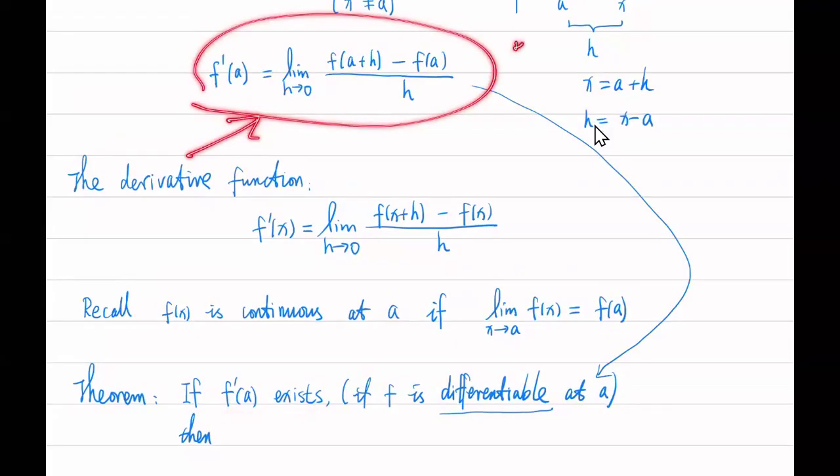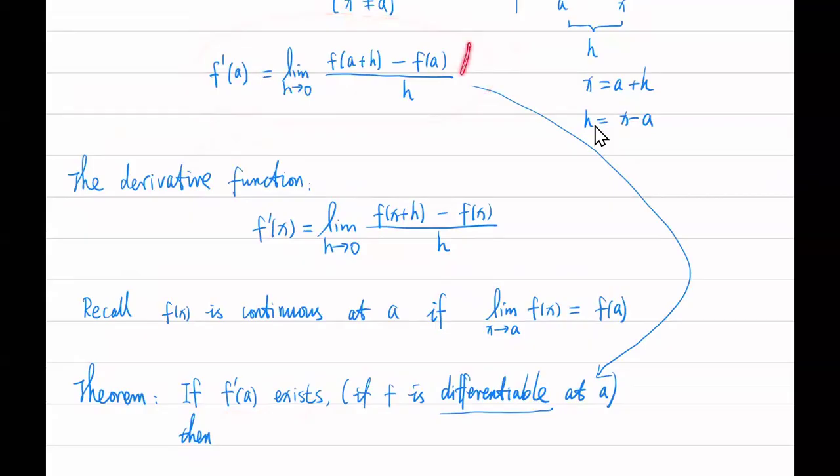If it doesn't exist, this theorem is not about it. This theorem applies only when it exists. If it doesn't, then this theorem doesn't apply.